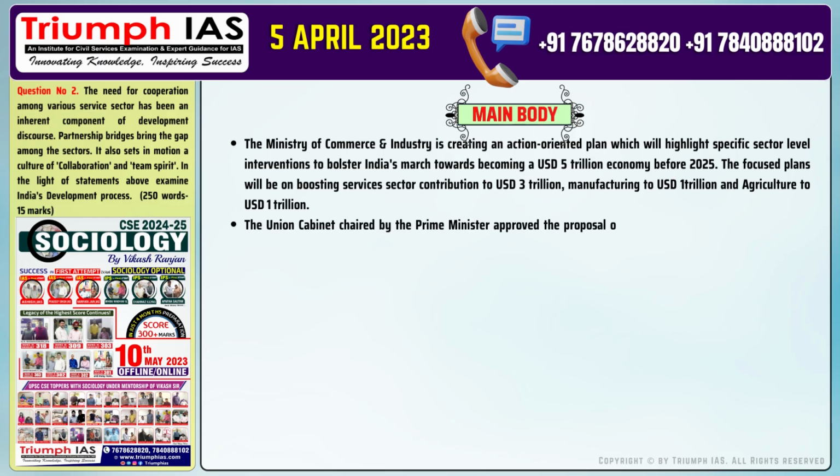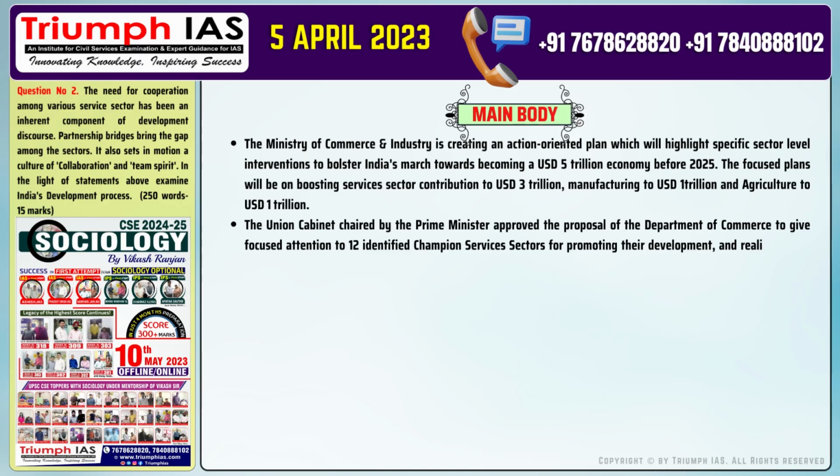$1 trillion. Number 2. The Union Cabinet chaired by the Prime Minister approved the proposal of the Department of Commerce to give focused attention to 12 identified champion services sectors for promoting their development and realizing their potential. Number 3.